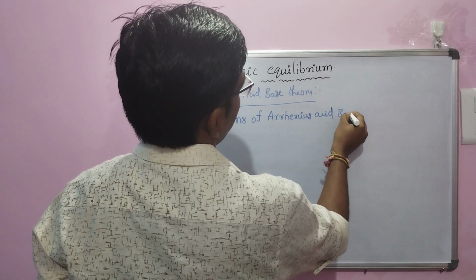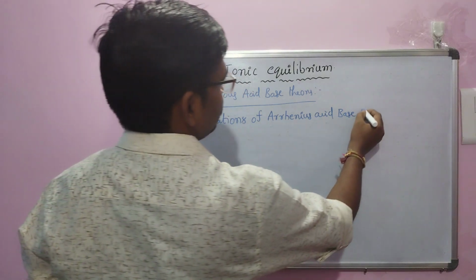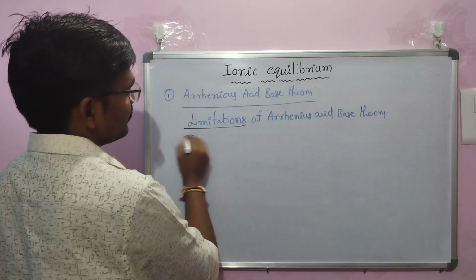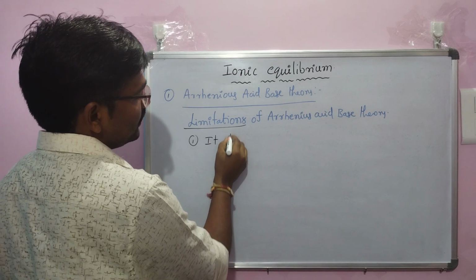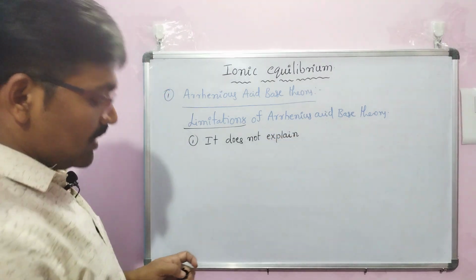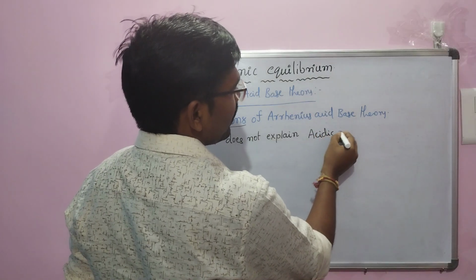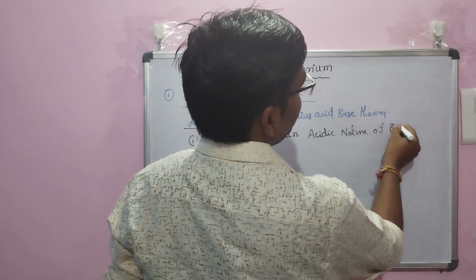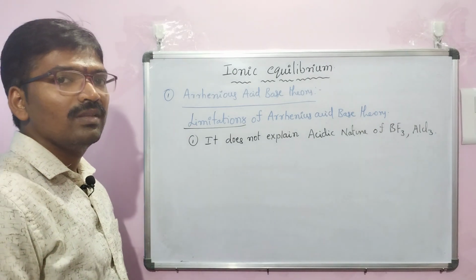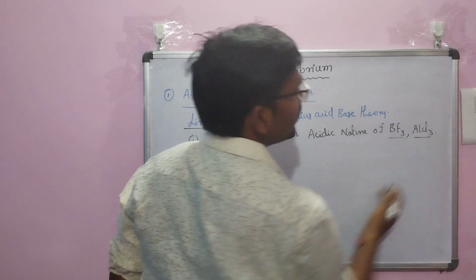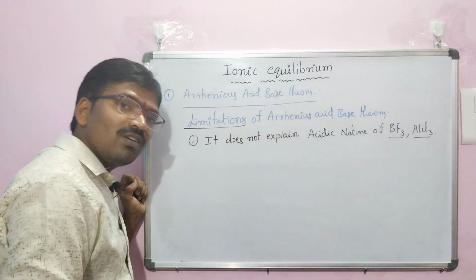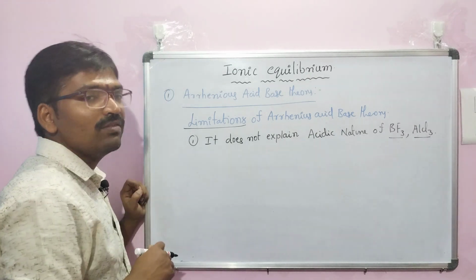Number one, it does not explain the acidic nature of BF3 and AlCl3. If you observe, these two do not have any H plus ions, but both act as acids. So it does not explain the acidic nature of BF3 and AlCl3. That is one limitation of the Arrhenius acid base theory.